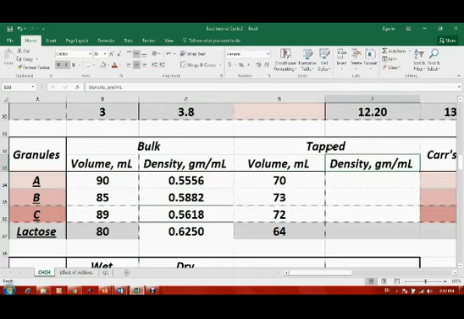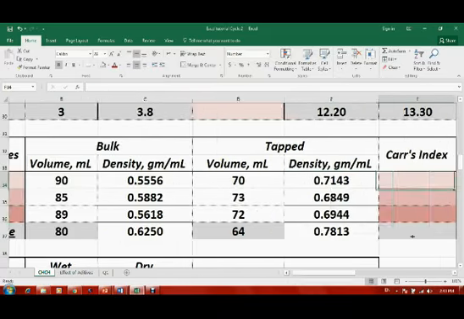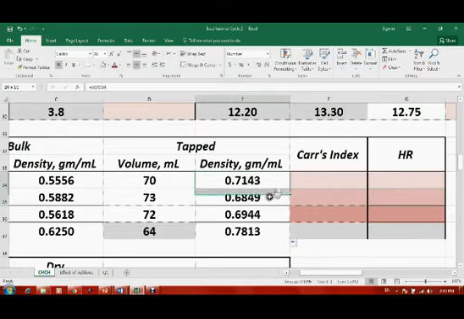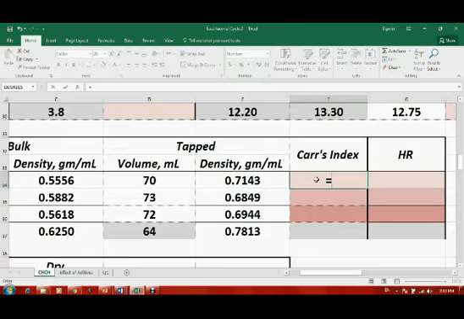Then bulk density will be equal to 50 grams divided by the bulk volume. When calculating the densities, you can use 4 decimal places, but not with other numbers. And tap density will be equal to 50 grams again divided by the tapped volume.